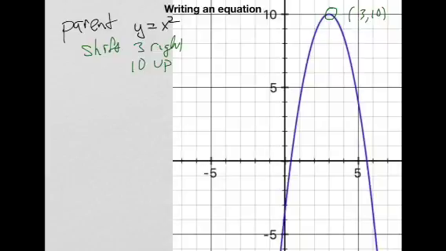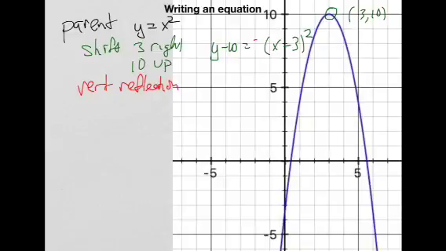So when I'm looking at my equation, right now I'm going to say y minus 10 equals, and I have x minus 3 squared. I look at this, I know I have a vertical reflection. So I know there's going to be some kind of a negative in front of it.